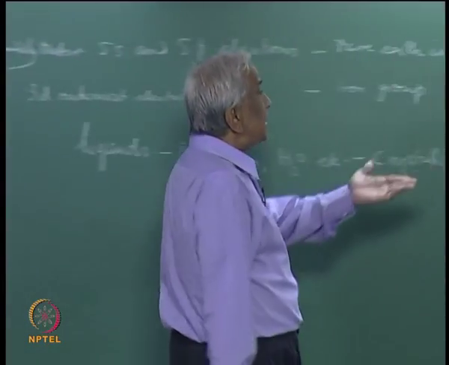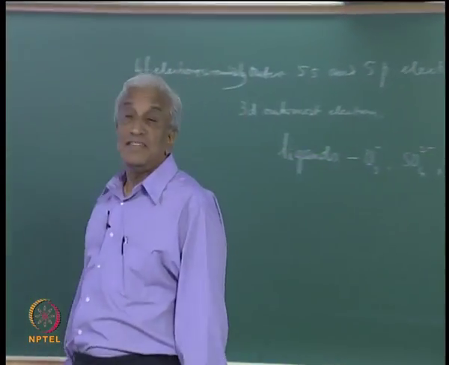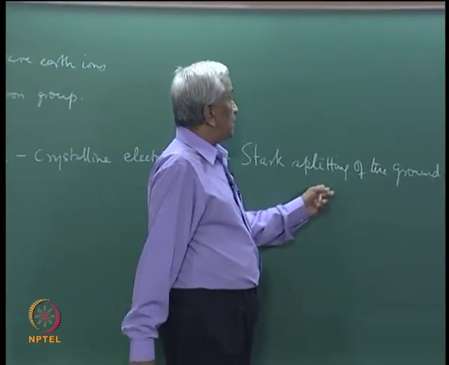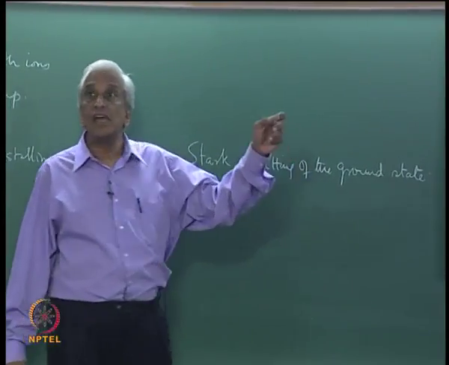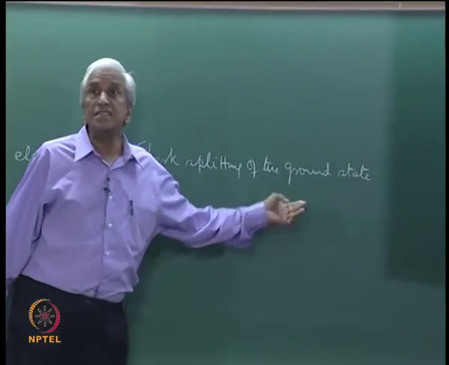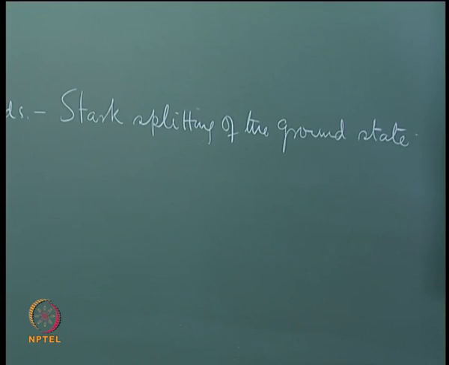Therefore, the magnetic behavior is almost completely determined by the nature of the ground state, and since this ground state is split by the Stark effect due to the crystalline electric fields produced by the ligands, the nature of the paramagnetic ground state is different, and therefore, the magnetic behavior is also considerably different in the case of the iron group ion.